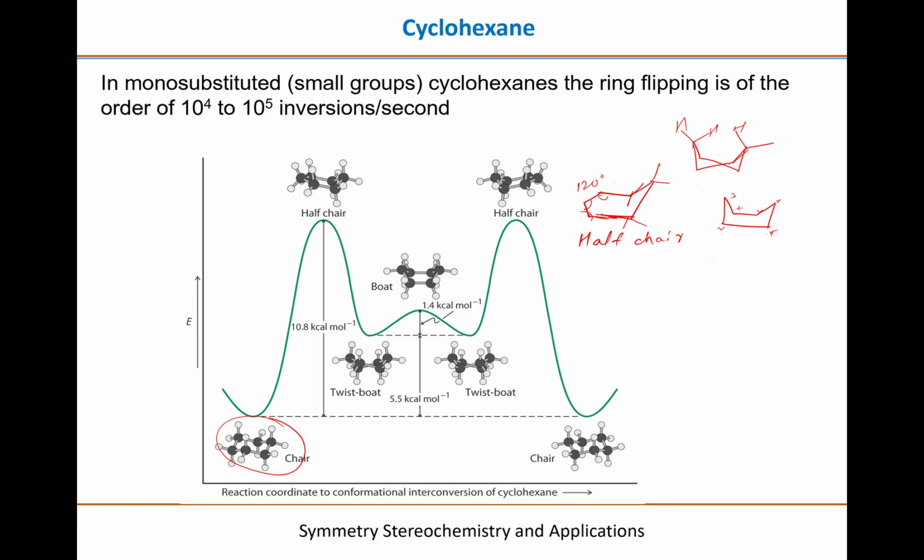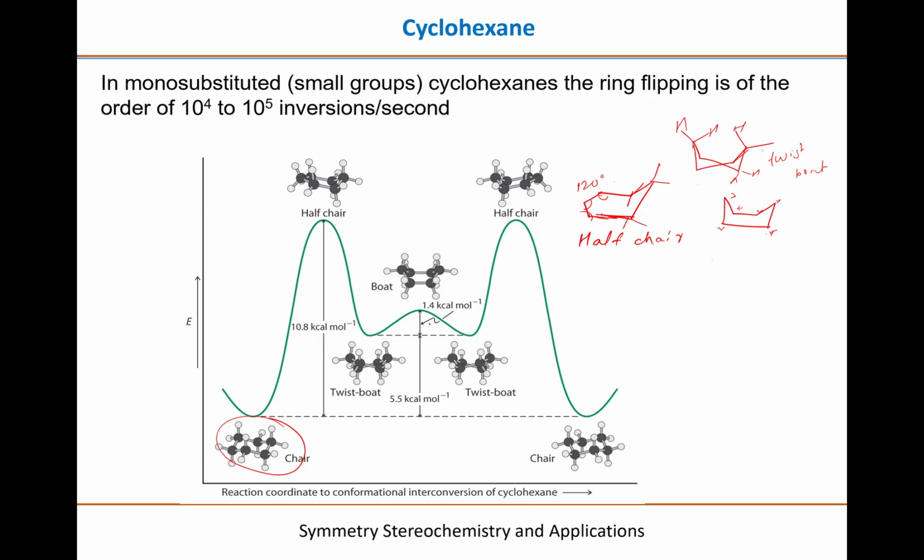That's why twist boat is more stable compared to the boat conformation, because of the staggered conformation and tetrahedral angle. Okay, then the boat conformation is 1.4 kcal per mole higher than the twist boat one.